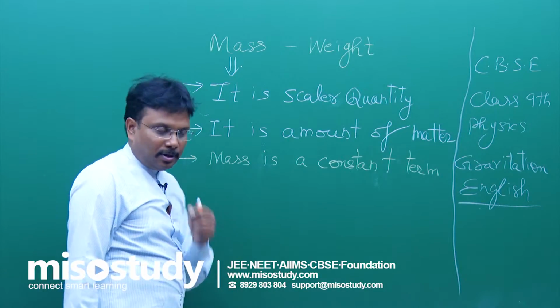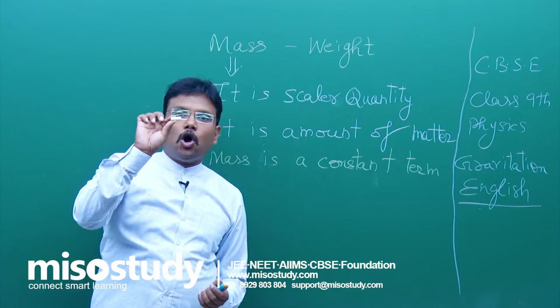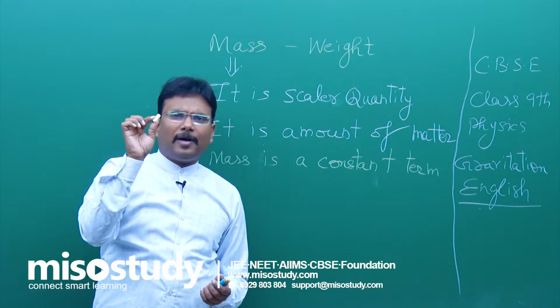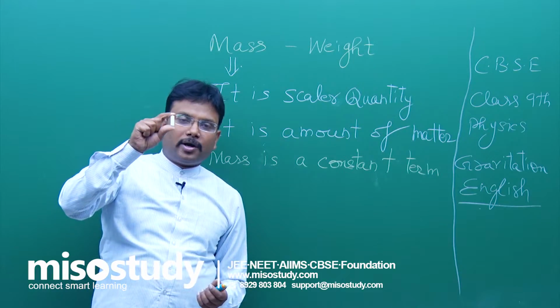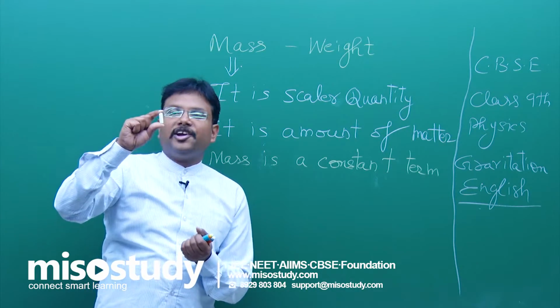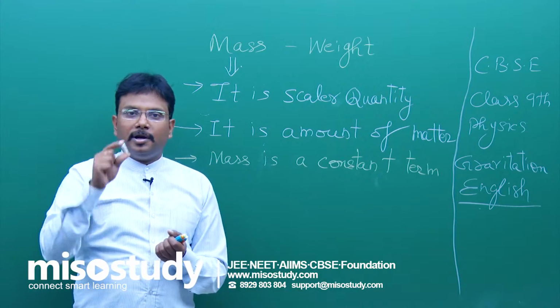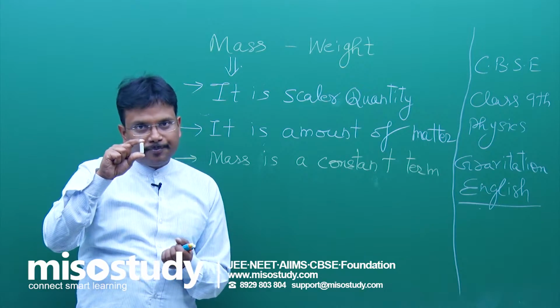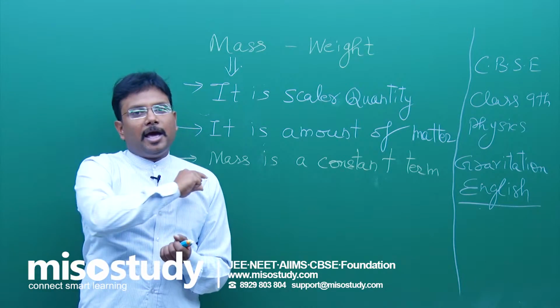Say for example, I am saying the mass of this chalk is, I think, 5 grams. At the surface of the earth its mass is 5 grams, at the surface of the moon its mass is 5 grams, at the surface of Jupiter 5 grams.